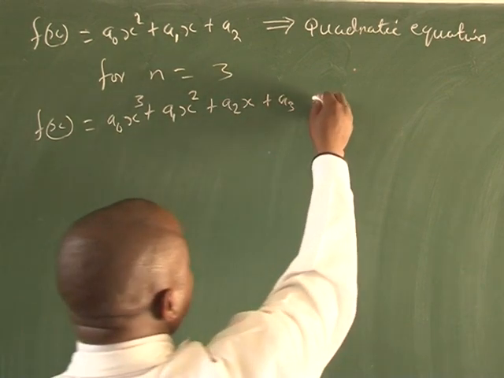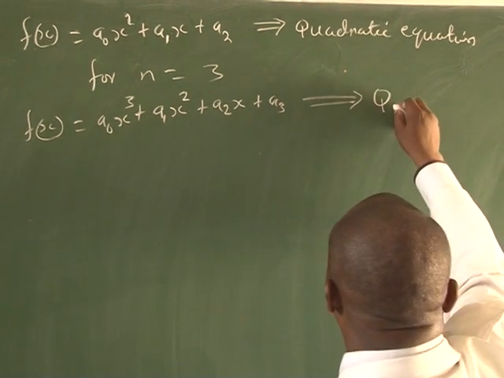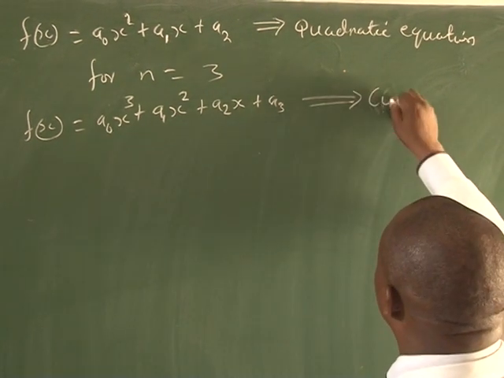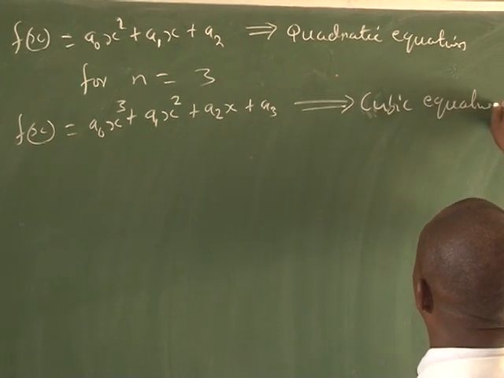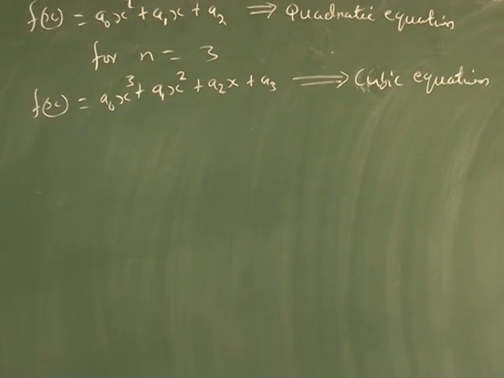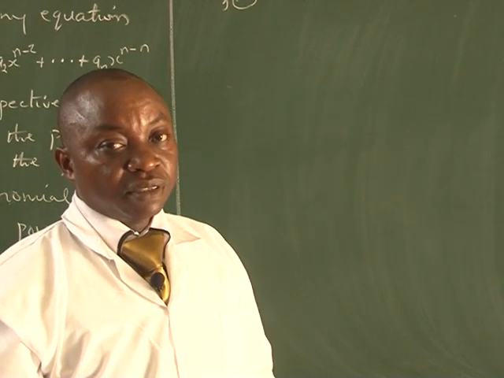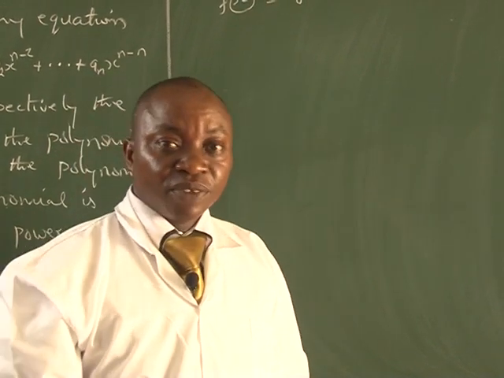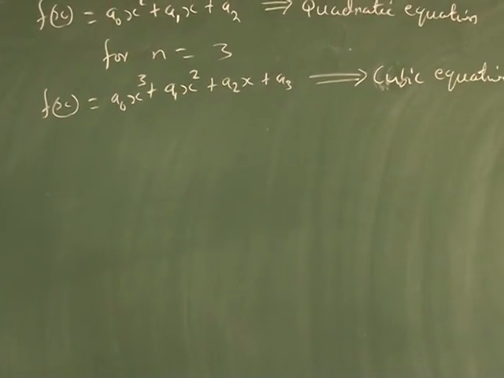This one is called cubic equation. Now, for n equals 4, we have quartic equation. For n equals 5, we have quintic equation. So this is how it is named.